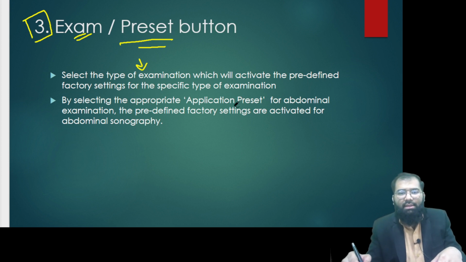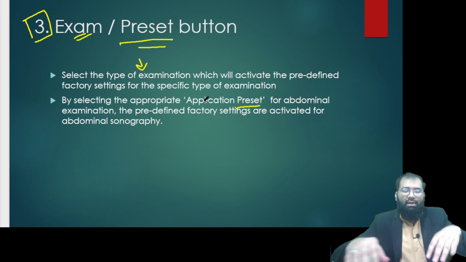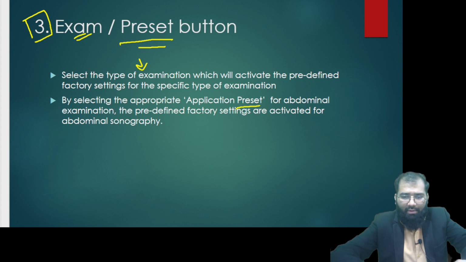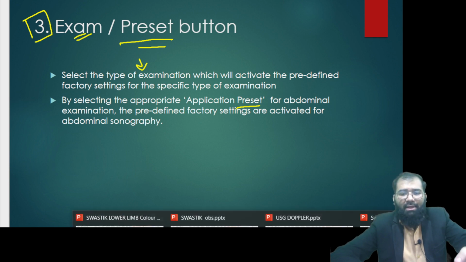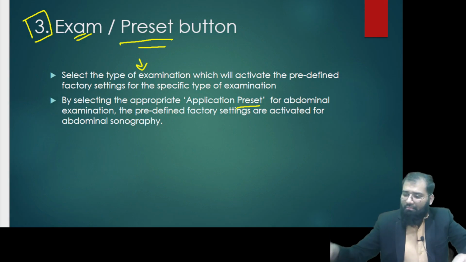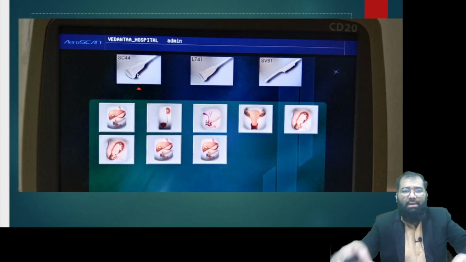By selecting the appropriate preset for abdominal, the predefined factory settings are activated, especially for abdominal sonography. Every machine has a particular setup. Like in case of GE or Samsung, as soon as you press the examination preset, you would get the various presets. I will show you an example.